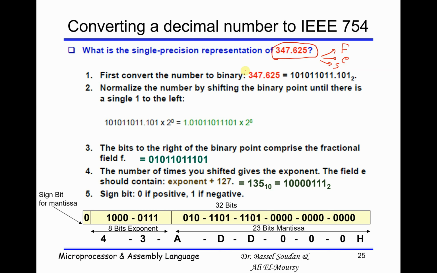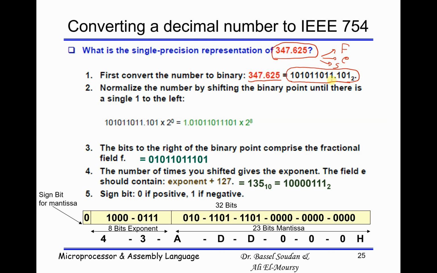First of all, I have to convert the number from its decimal representation to its binary representation. This is a regular conversion as we already learned in DLD chapter 1. You may use the calculator here or use recursive division or recursive multiplication for this. So you will end up with those bits in unsigned binary.